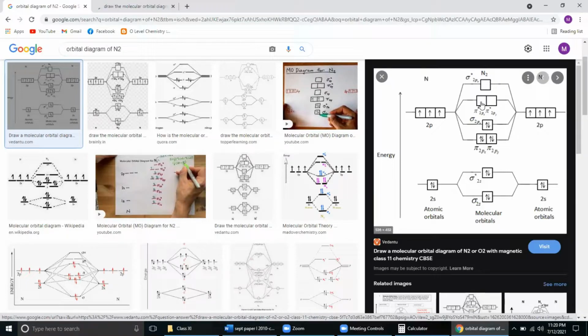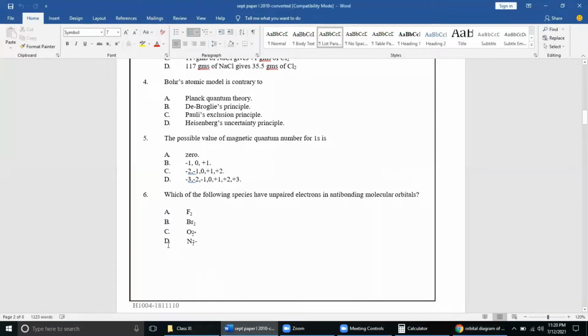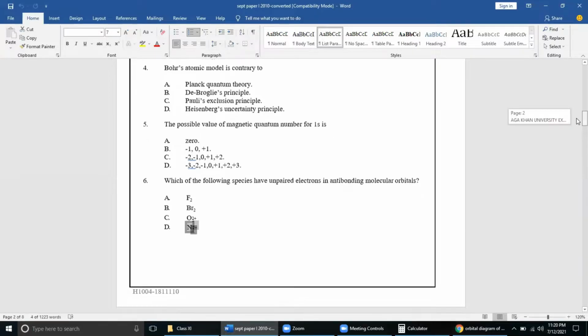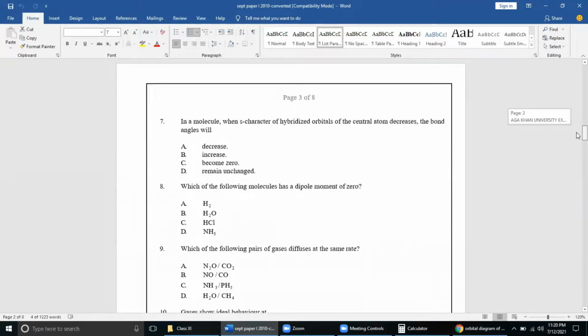One electron will be filled over here, another electron over here. So this molecule will become N2 minus 2. Two electrons have been gained. Now these two anti-bonding molecular orbitals will have unpaired electrons, so the correct option is D, N2 minus 2. Got it? The nitrogen orbital diagram is an exceptional case.